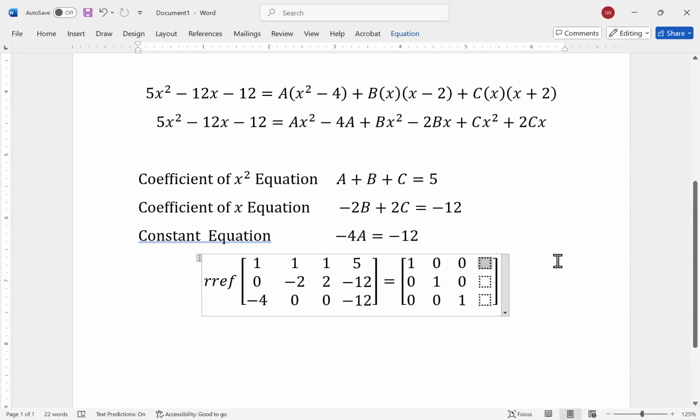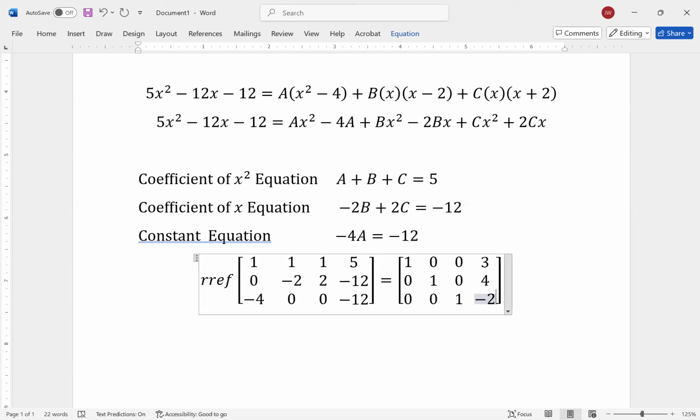And then lastly, we get 3, 4, negative 2. What this means is that the A, B, and C we were looking for: A is 3, B is 4, and C is negative 2.